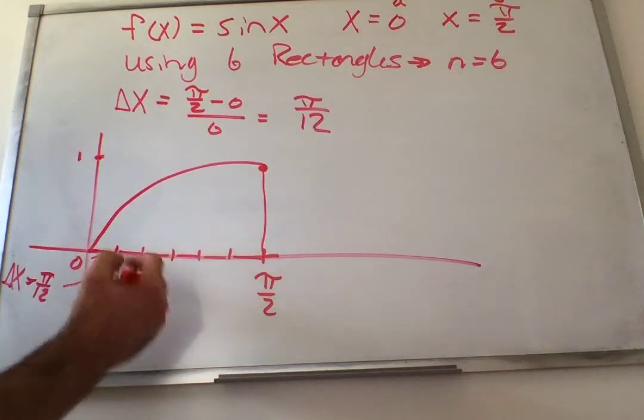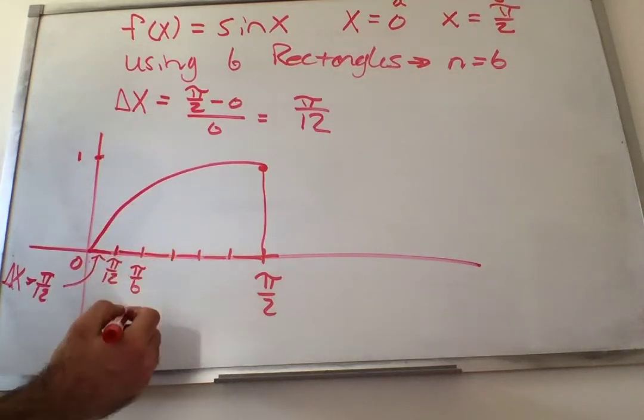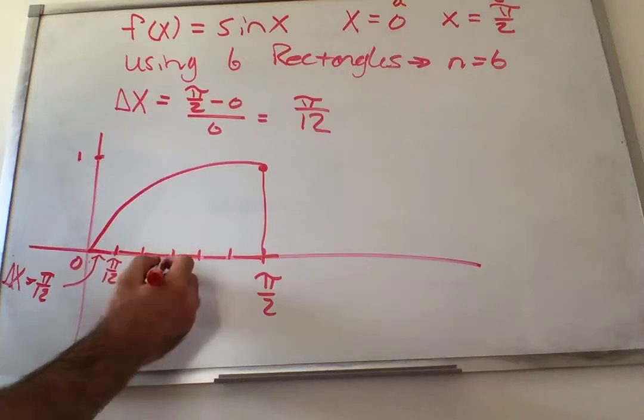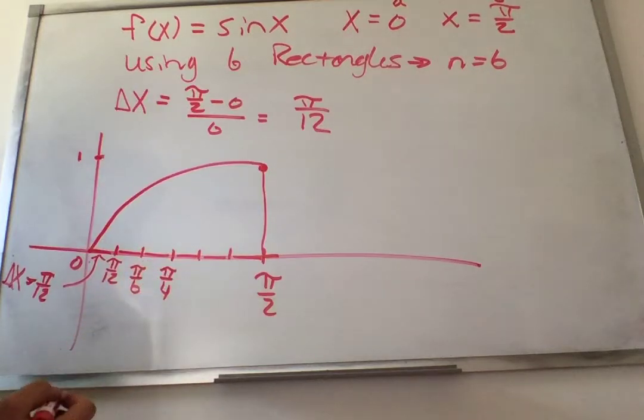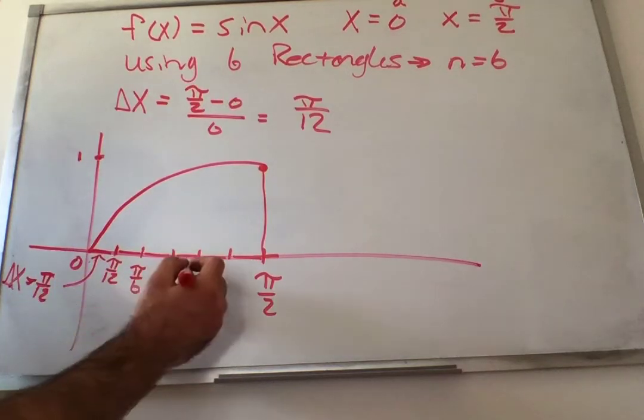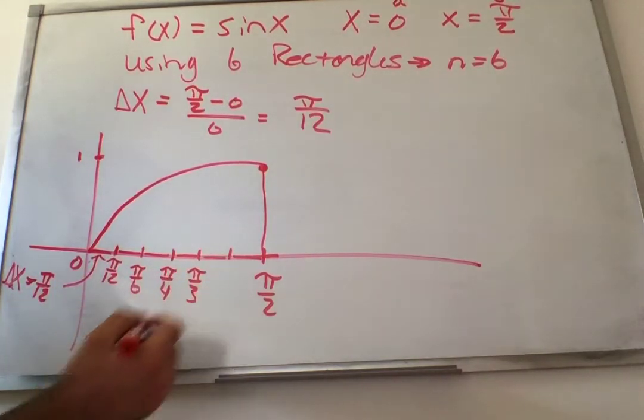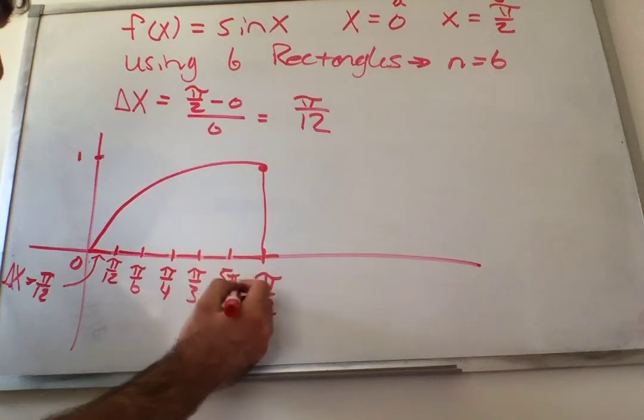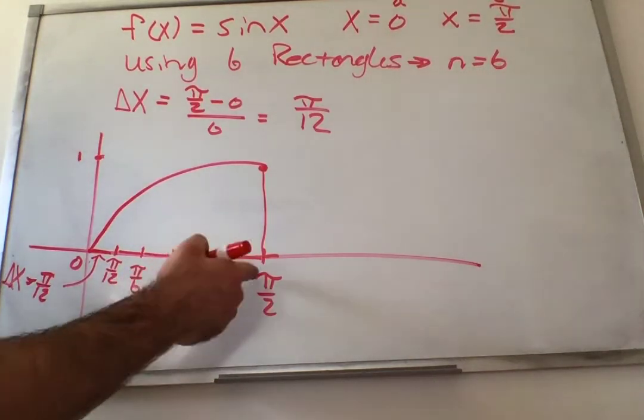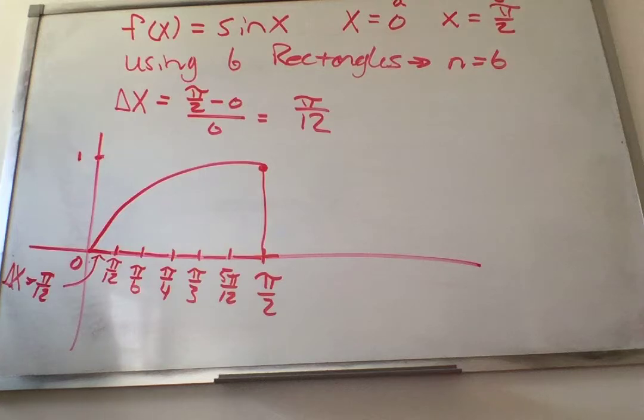So it would be 2 pi over 12, which is pi over 6. And 3 pi over 12, which is pi over 4. Then 4 pi over 12, which is pi over 3. Then 5 pi over 12. And then 6 pi over 12, which is pi over 2.